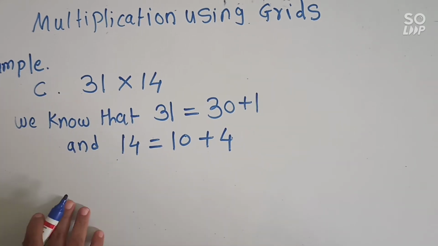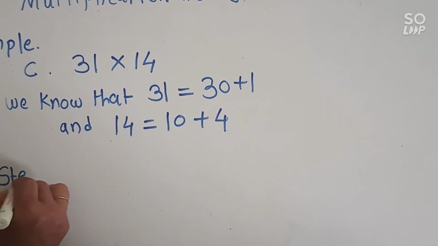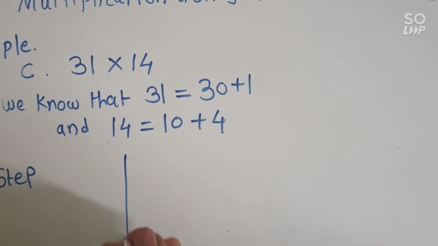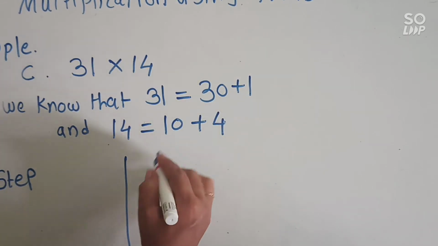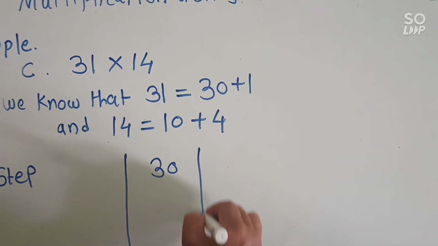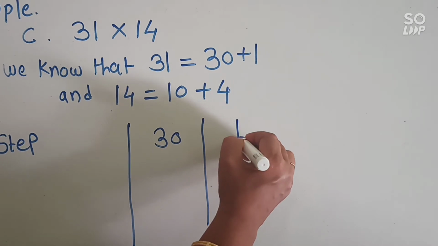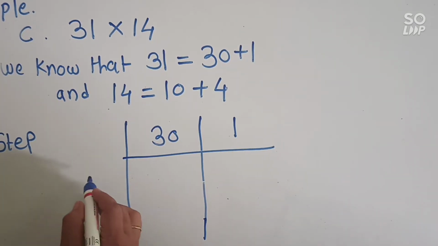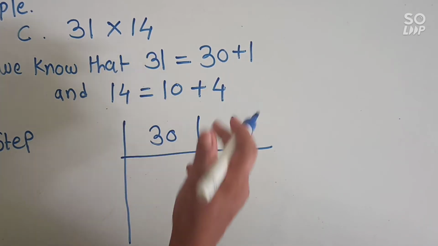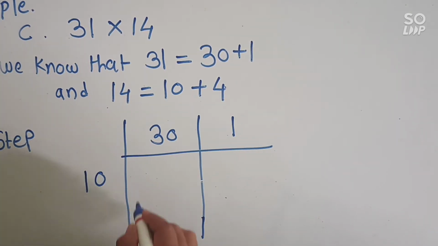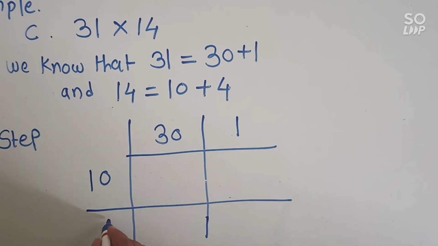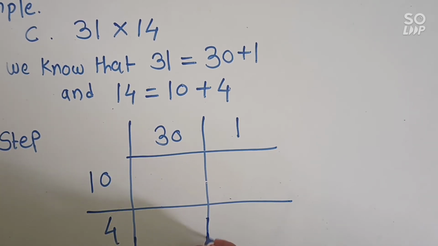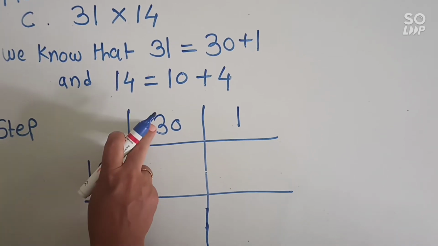Okay, so step 1, we have to write here 30 and here 1. Okay, and here down 10 plus 4, means here 10 and here 4. Okay children, now we have to do multiplication.